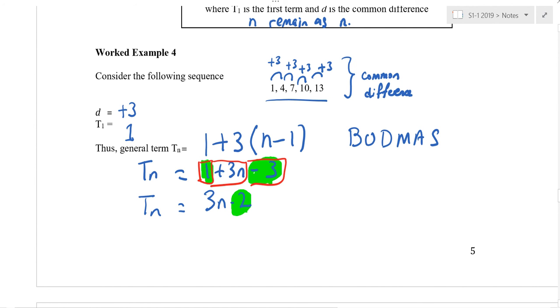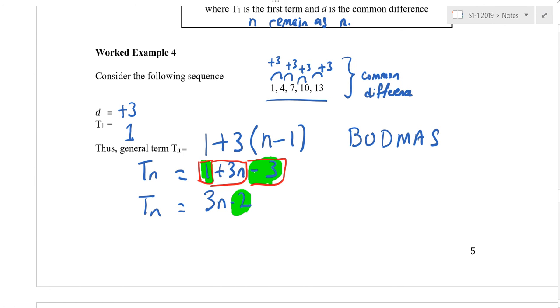Yes, Sajun. Can you give me one example? What do you mean by easier to find the sequence? You want to find term what?